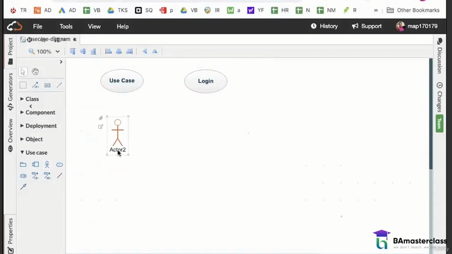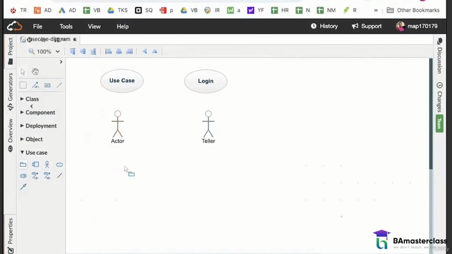This symbol is used to represent an actor. If I want to show that the name of the actor is a teller, I create a symbol like this and type teller underneath. So this represents an actor who is a teller.